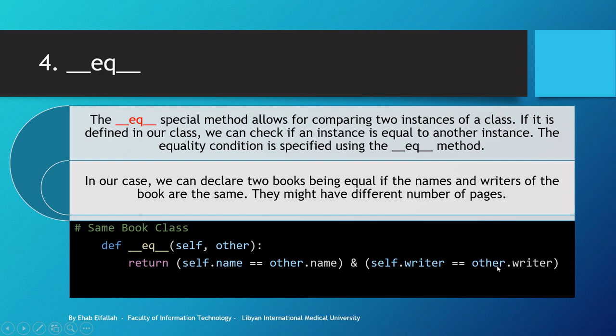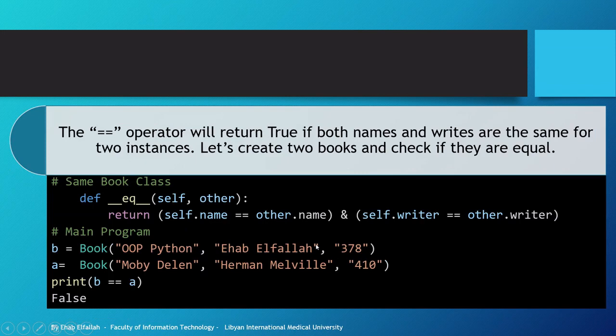So how to use this? Usually through the equal operator. It will return true if both name and writer are the same for the two instances.